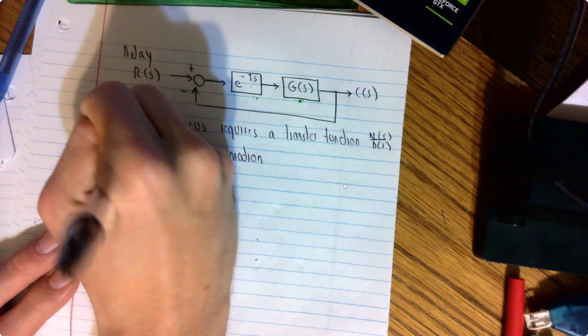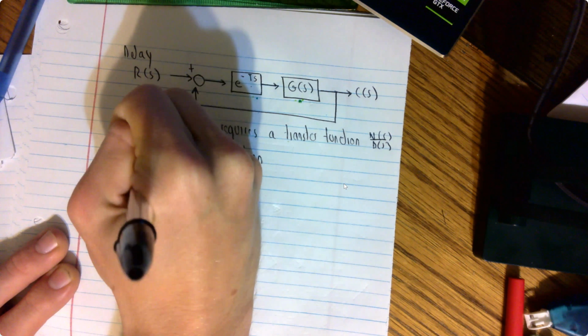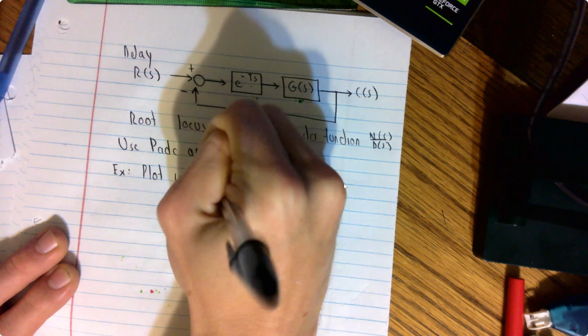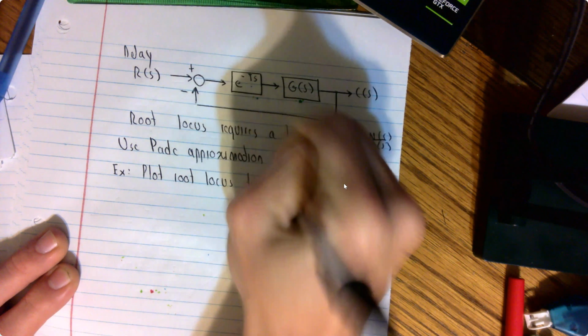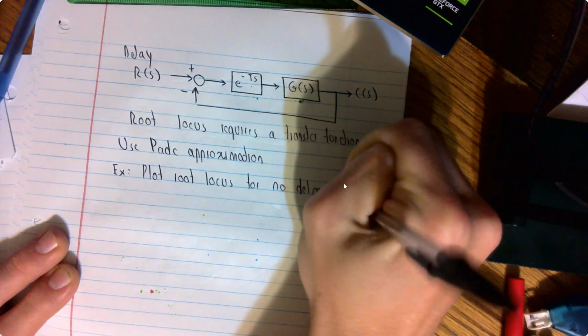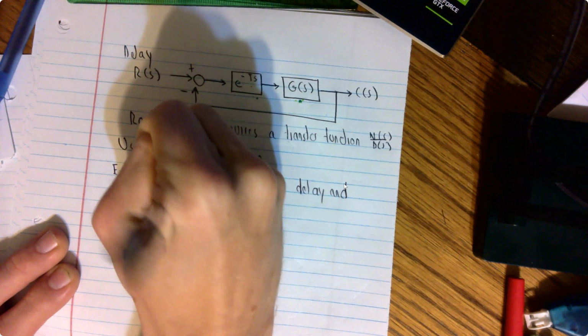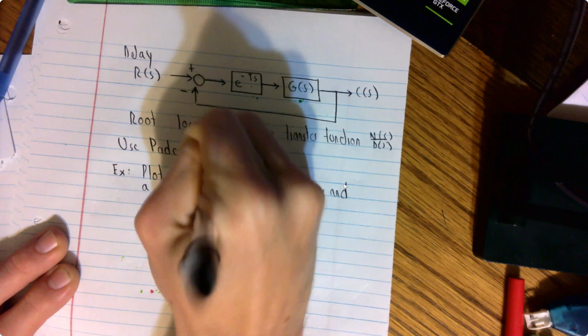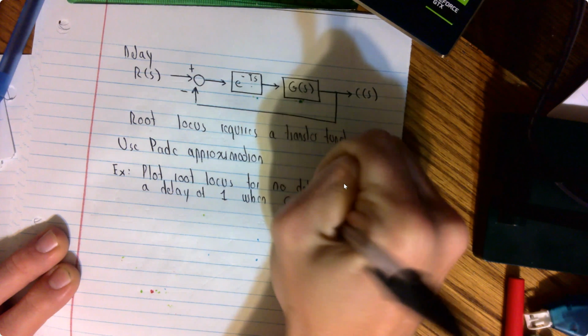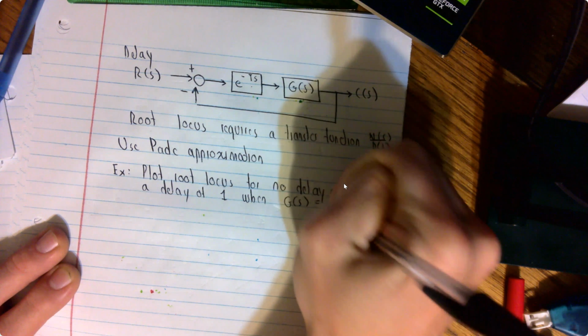So for an example, plot the root locus for no delay and a delay of 1 when G of s is equal to 5 over s plus 3.